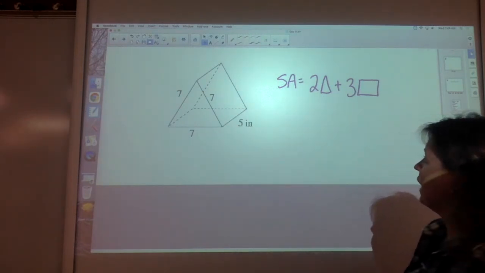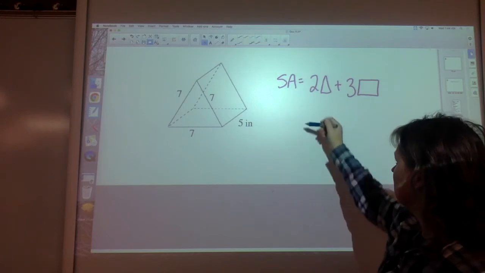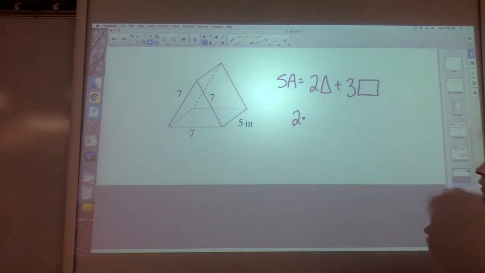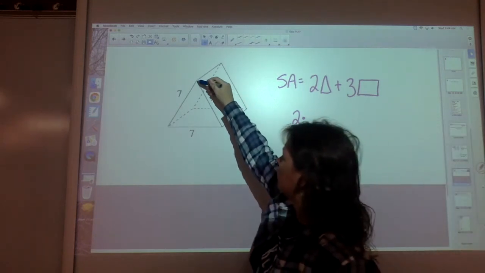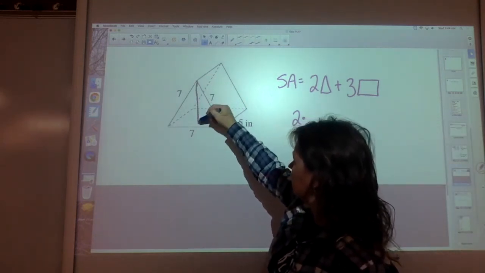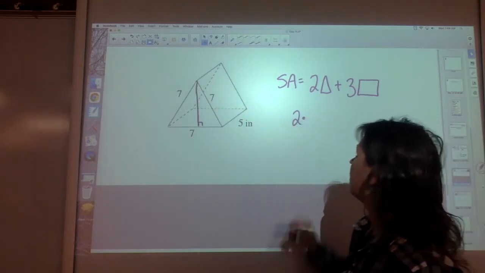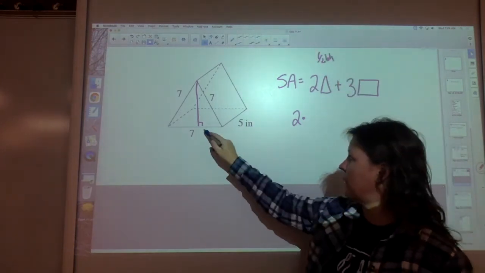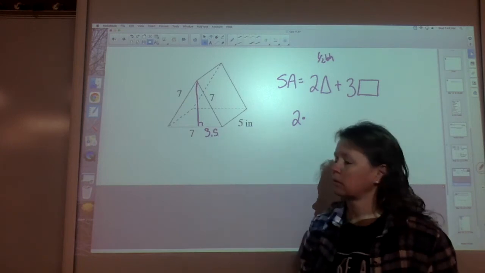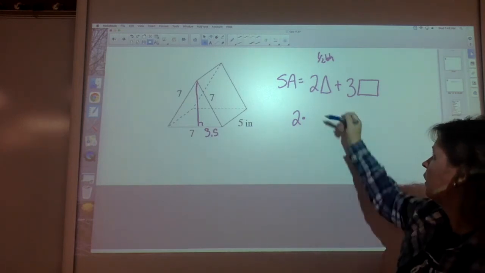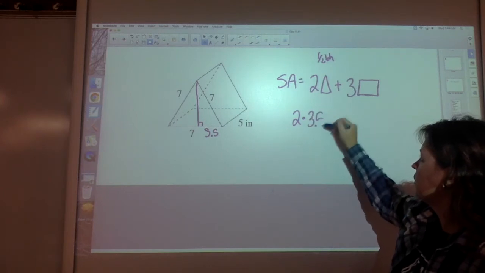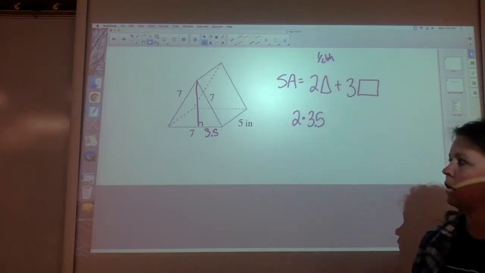So we have to find the area of these 2 triangles. We'll start with 2 times the area of a triangle. Area of a triangle, we need to find half base times height. We know half the base is 3.5. Careful, make sure your decimal goes way lower than your times sign.